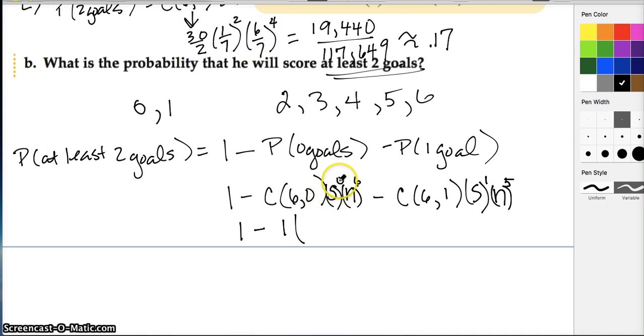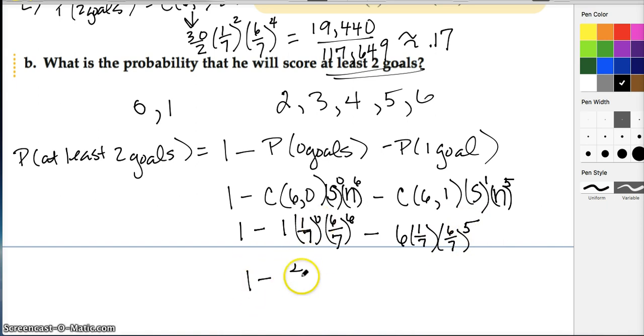And then 1/7 to the 0 power, and then 6/7, the probability of not scoring, to the 6th power, minus 6 choose 1. There's 6 ways to do that. So the coefficient is 6. Again, scoring was a 1/7 probability, and then not scoring is 6/7, and then we'll raise that to the 5th power.